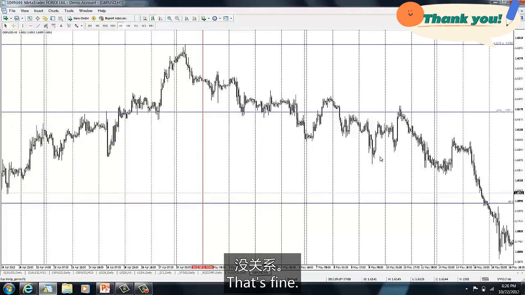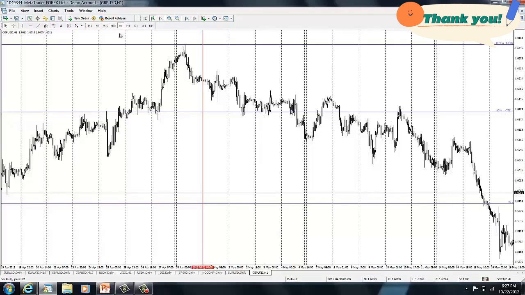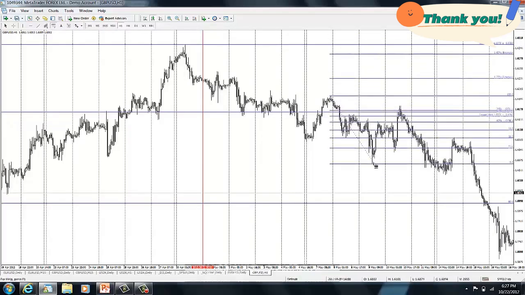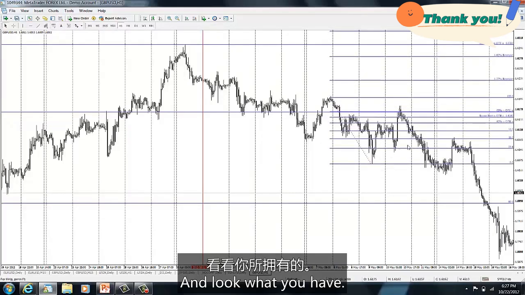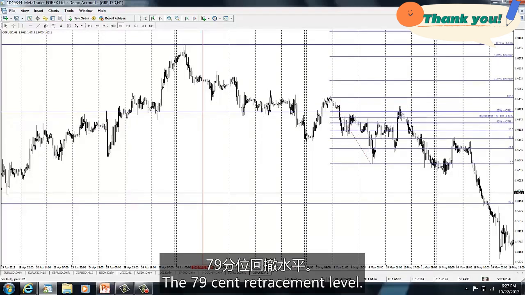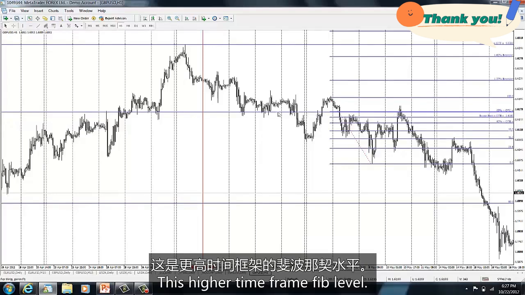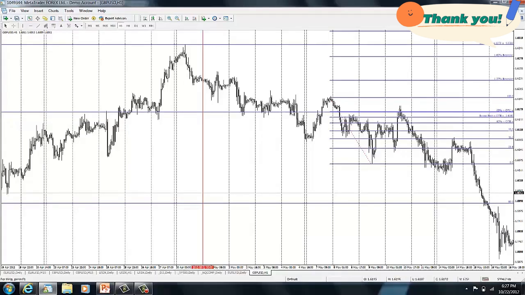Now, if you miss that, that's fine. Don't chase price. You don't need to worry about rushing into it. Once you have a daily and a weekly swing high, you can use the high down to this low here, and look what you have. You have the 79-cent retracement level laying directly on top of this higher time frame fib level that we just drew off the daily.